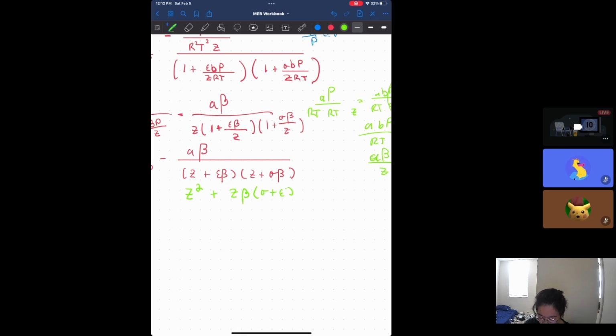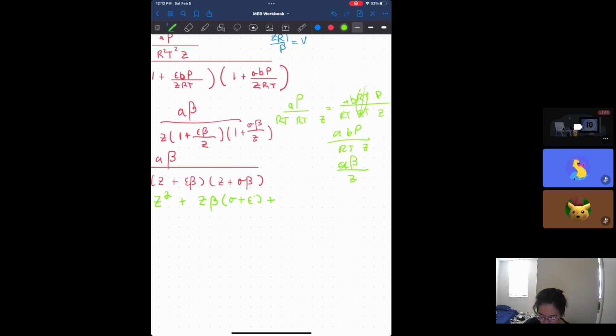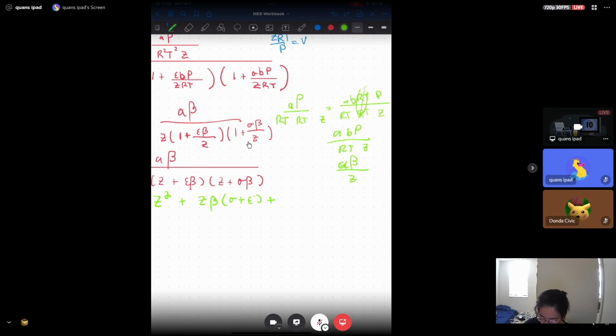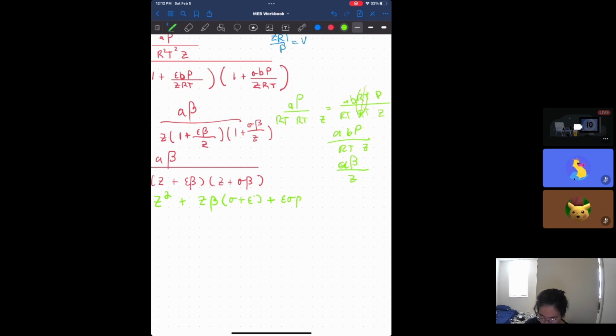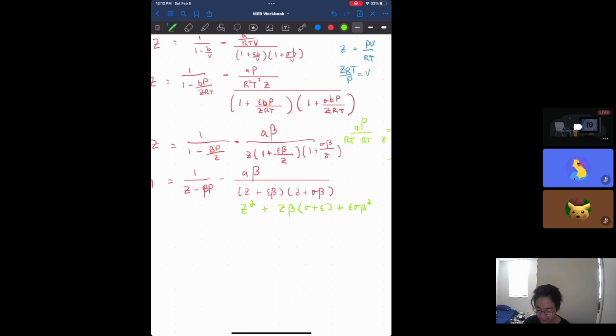Okay? And then the final term plus epsilon sigma beta squared. I really need to stop saying b. It's not b, it's beta. So that's the denominator here.